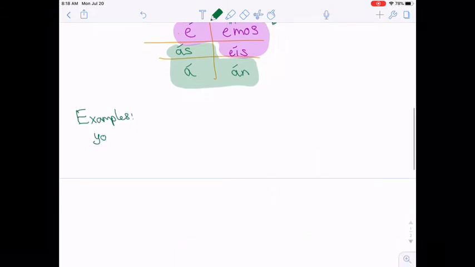Say the yo form of dejar, correr, and invertir.